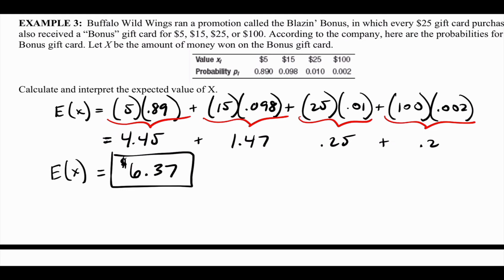Average person is getting $6.25 of a gift card. So yeah, we're going to put in norm. We don't want to use words like expected value or average or mean because that can be a little confusing. We want to make it as easy as possible.